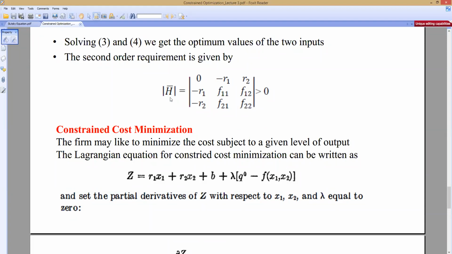So you have to consider another matrix, another determinant in terms of all 3 inputs. So this is the position. So if you are comfortable with output maximization, next we will go for constraint cost minimization.